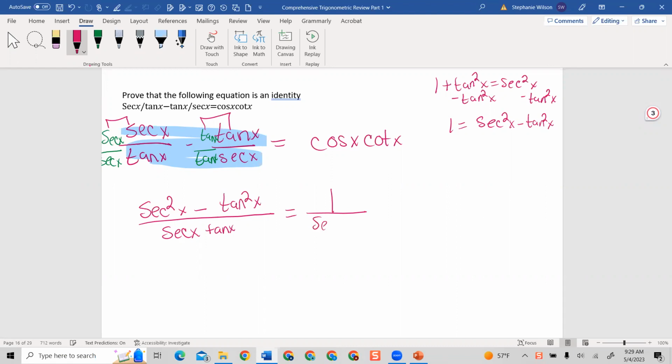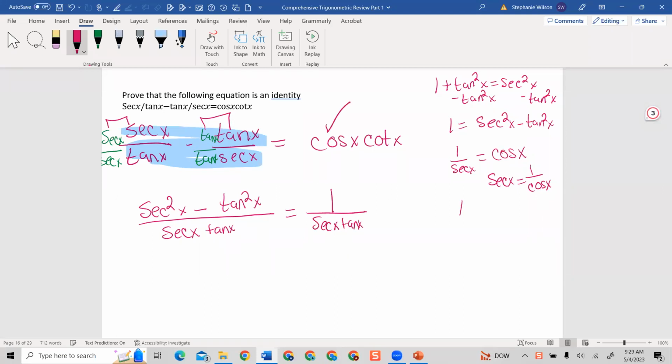And that leaves me with secant x tangent x. So we're almost done. What do I know about 1 over secant x? Well, I know that 1 over secant x gives me my cosine, right? Because remember, secant is the inverse of cosine. So that gives me cosine.